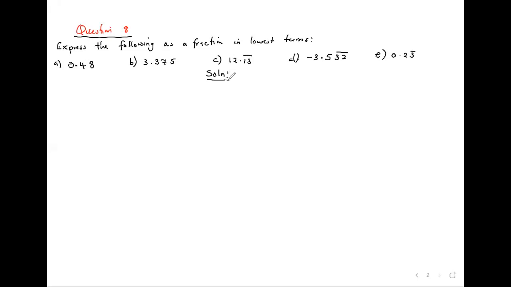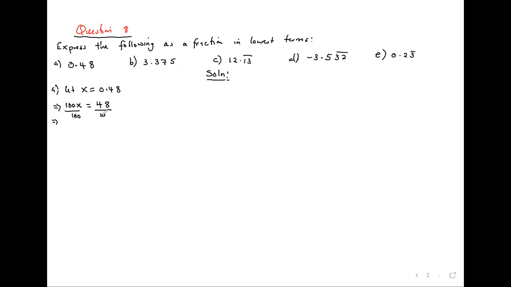Solutions. The first one, you let x be 0.48. And then you count how many decimals we have. We have 2, so we multiply the whole equation by 100. So x times 100 we get 100x, and 0.48 times 100 we get 48. Then we solve for x, so we divide by 100.